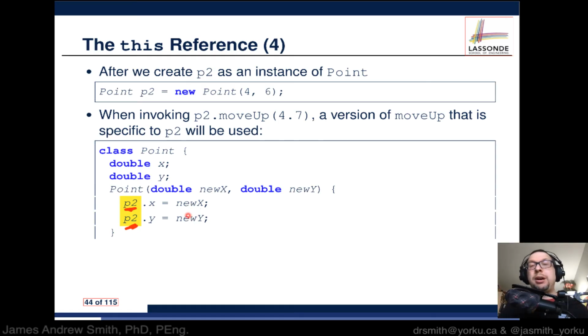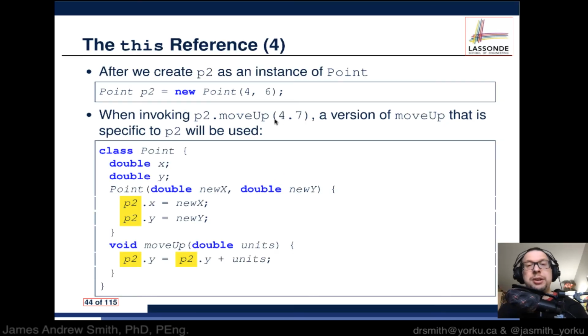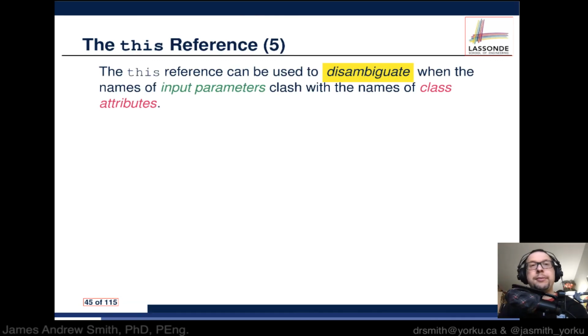So that we'll be associating whatever comes in the method, say right here, sorry, that's the constructor. So the 4.7 right there will be brought in there, and then P2 and P2 refer to the this for the object P2.